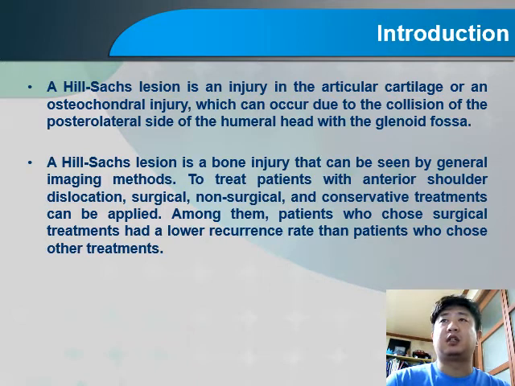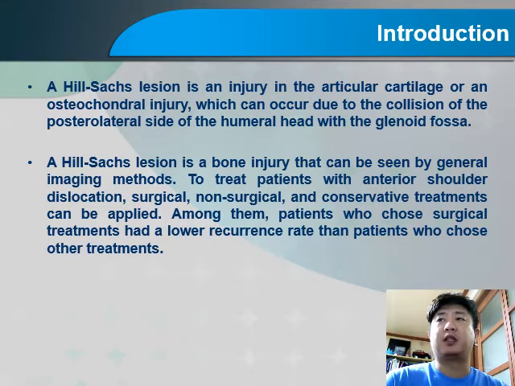Hill-Sachs lesion is an injury in the articular cartilage or an osteochondral injury, which can occur due to the collision of the posterolateral side of the humeral head with the glenoid fossa. A Hill-Sachs lesion is a bone injury that can be seen by general imaging methods.